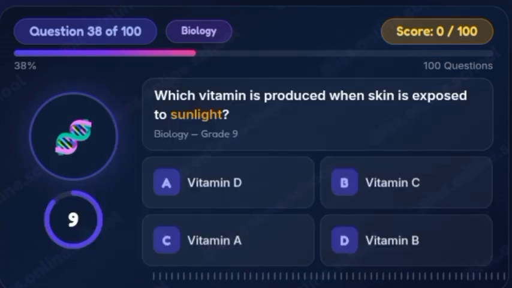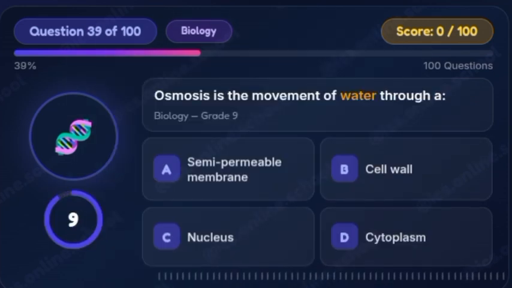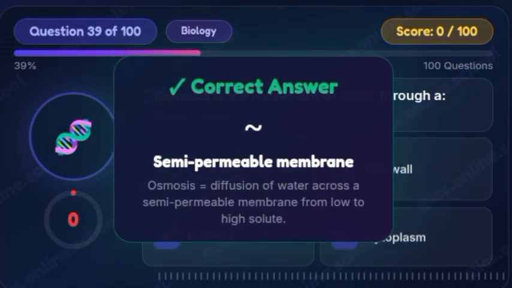Which vitamin is produced when skin is exposed to sunlight? Vitamin D. Osmosis is the movement of water throughout a semi-permeable membrane.